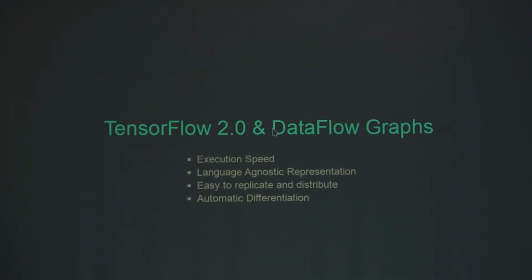And you can do this because graphs are a language-agnostic representation. You can use Python to create a graph, but then this graph is not related to Python. You can load a graph inside a C++ application and use it. And of course, automatic differentiation comes almost for free when we are using graphs to describe the computation.